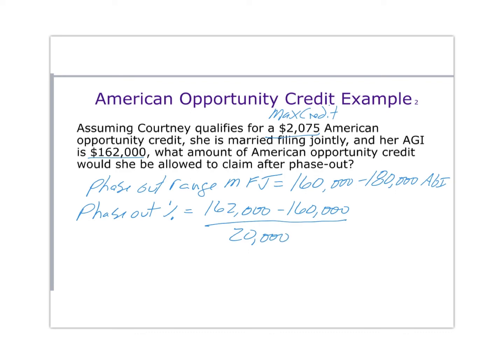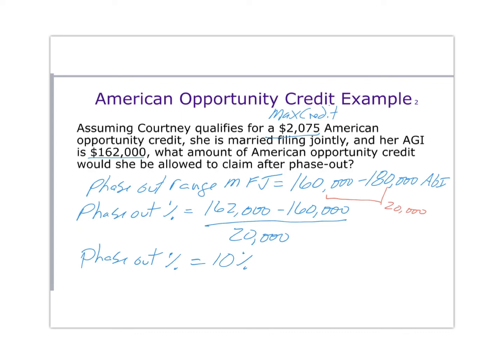Now, where does that $20,000 come from? That $20,000 is the range of the phase out. Okay, so that is how we find her phase out percent. So her phase out percent then is 10%.